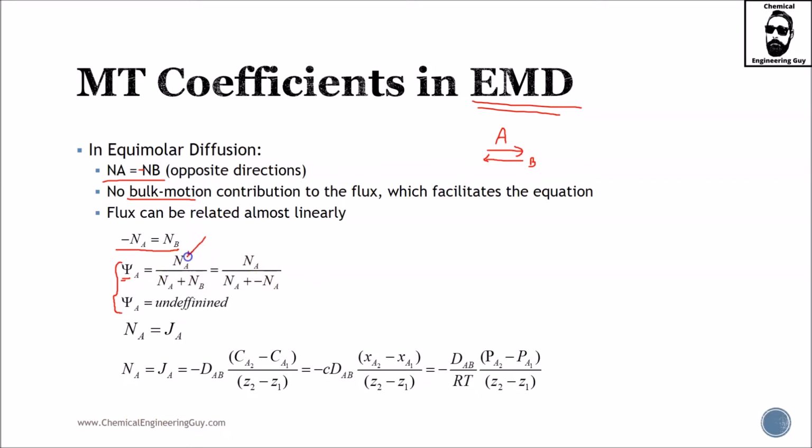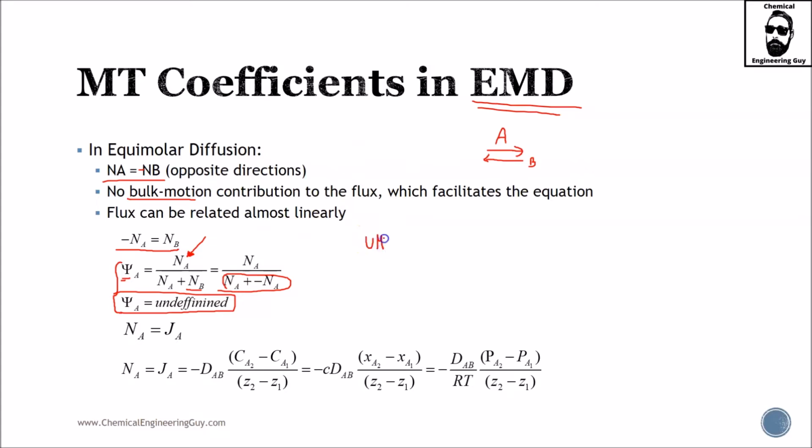But what happens here is that you get the flux of A divided by the total flux, which will be A, B, C, and D, and so on. In this specific case, because the fluxes are negative, you get this part right here as 0. Therefore, it's undefined, making this specific case very unusual, or let it be a very easy case for us, which is the equimolar counter-diffusion.